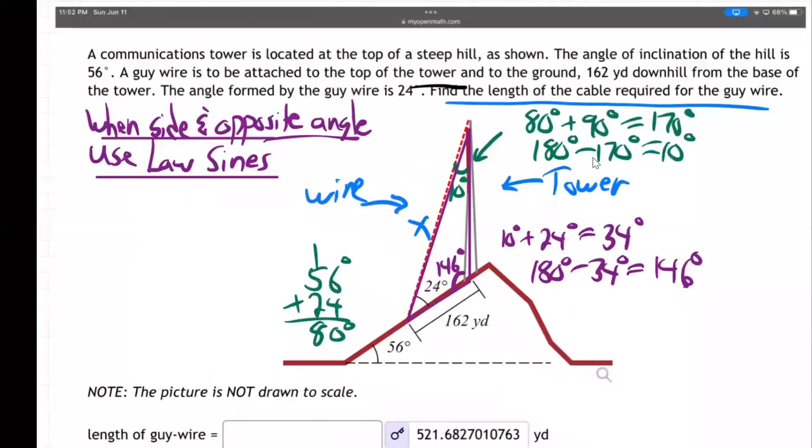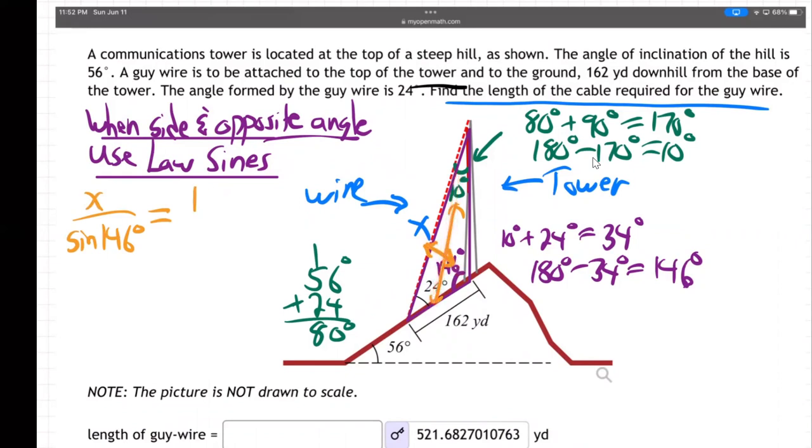So law of sines, I come down here and I'm going to say, okay, so these two and these two. Remember, law of sines is always about angles and the sides opposite them. So I'm going to go x over the sine of 146 degrees, right? These two is equal to these two.